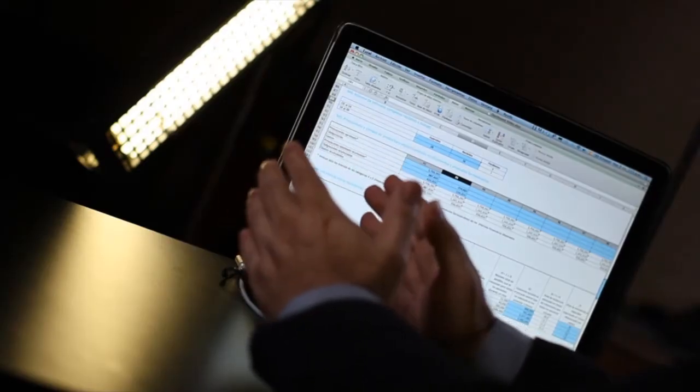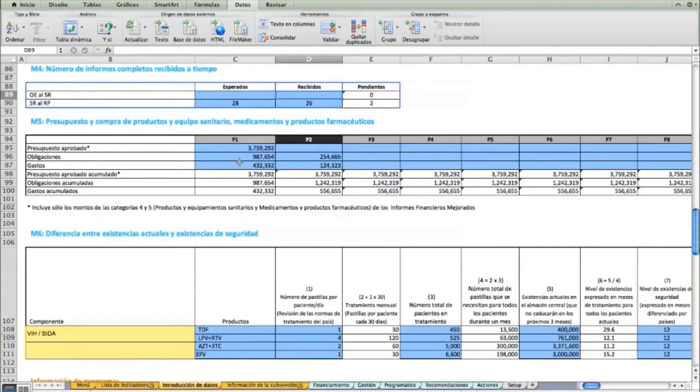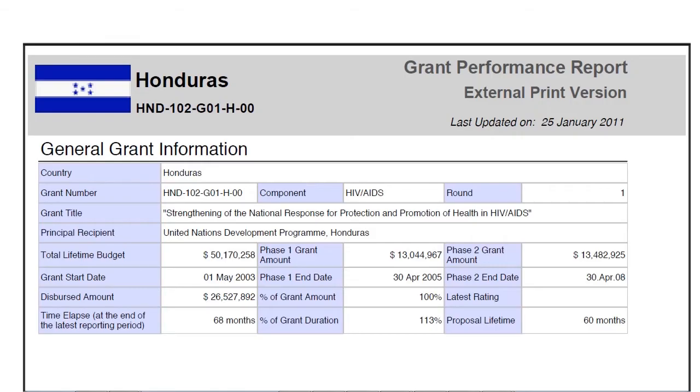It is important to monitor how these purchases are made. The indicator M5 then lets us know what is the budget approved by the Global Fund. The data for the cumulative budget is extracted from our complete performance report or from the reports from the principal recipient.